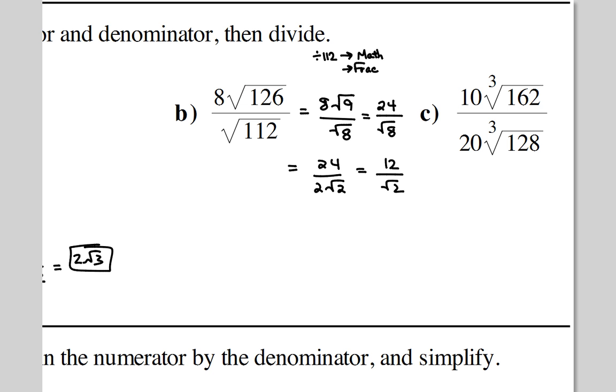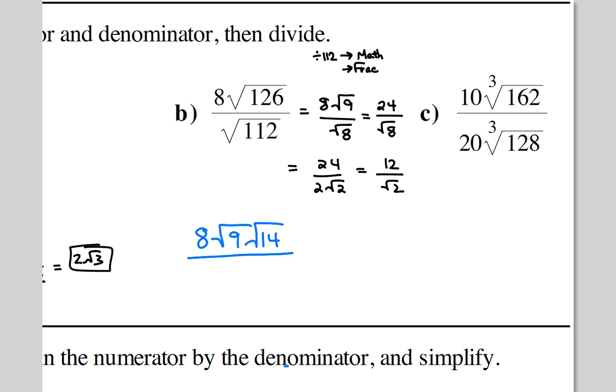Okay, any squares that divide 126? Probably 4 maybe. Does 4 work? No? What about 9? 9 worked? And you got 14? Okay, so just going to do this again by simplifying. We get root 9, root 14, right? And then what divides root 112?